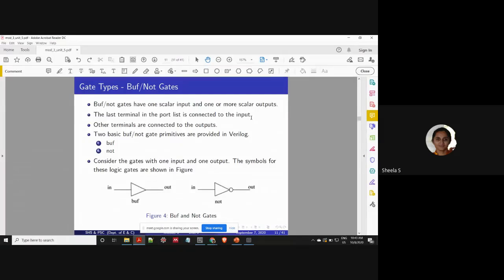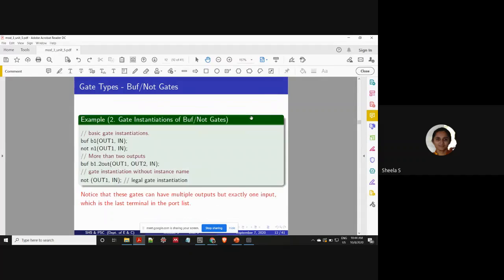In AND and OR gates also, first we have the output and then the inputs. But here also first we have the outputs and then at the end the input. That is the difference. You have to carefully understand the difference between AND and OR gates and the buffer and NOT gate. And here is one example.